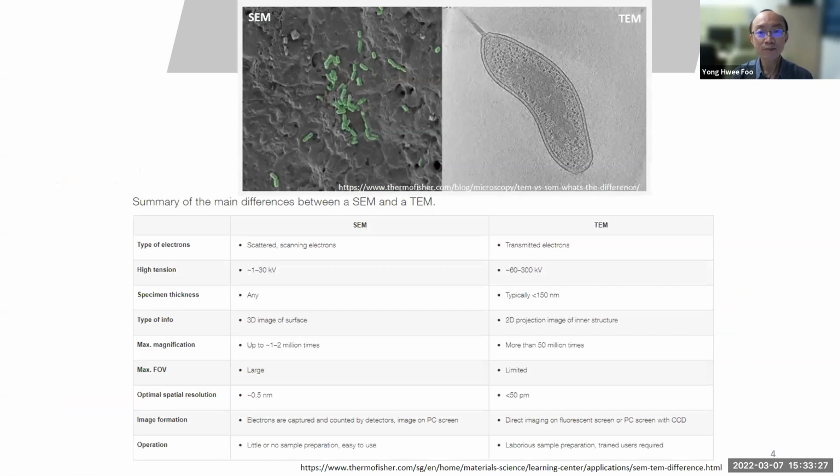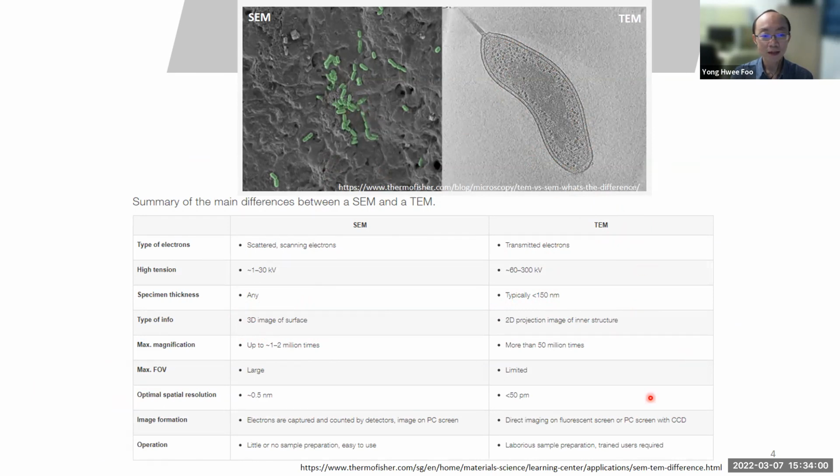So the main difference between the SEM and TEM, I'm going to highlight here. For TEM, it's mainly used to look at 2D projection, simply because you need to slice your sample very thinly, right? Compared to the SEM, usually you're using it to image the 3D surface of your sample.